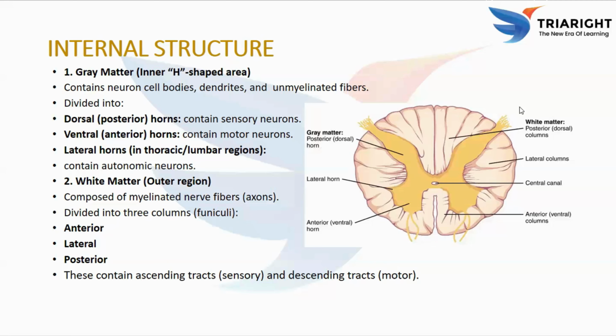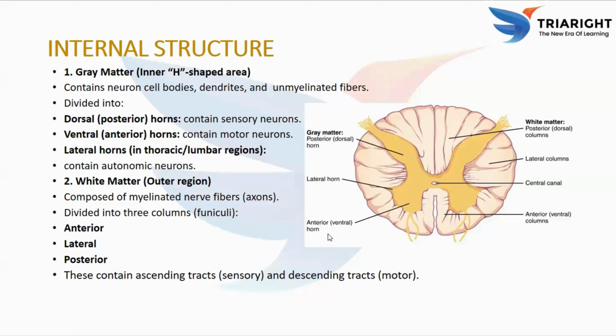So what are the divisions of the gray matter? Here you have the gray matter divided into 3 divisions: the dorsal posterior horn, the ventral anterior horn and also the lateral horn. The dorsal posterior horn contains the sensory neurons that receive information coming into the spinal cord, like touch, pain or temperature.